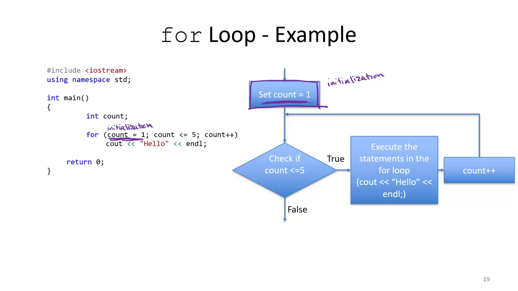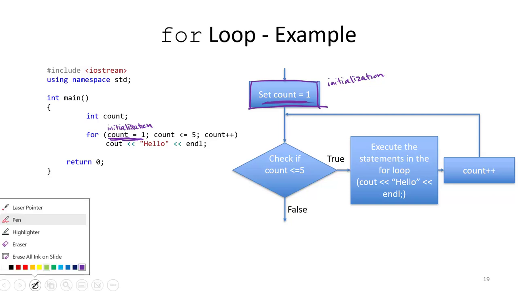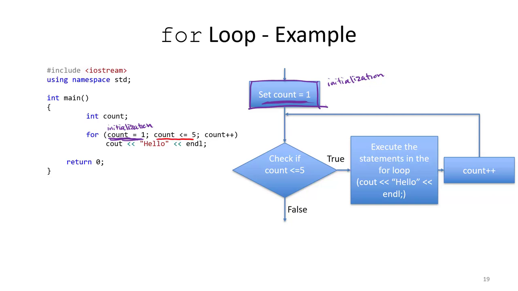Notice that count was already declared prior to the for loop. And the next part is our test expression. So again, that's a Boolean statement. And notice here, we're checking whether count is less than or equal to 5.